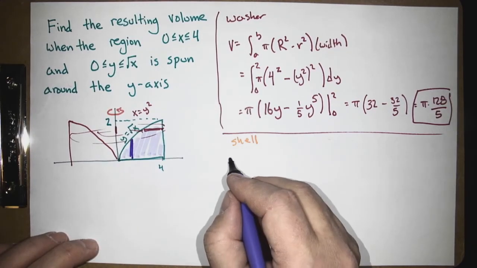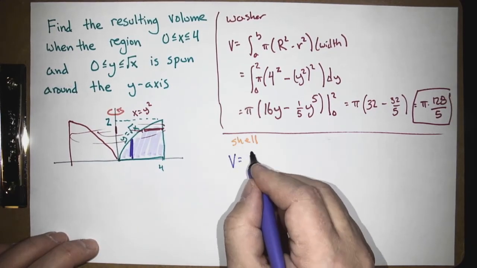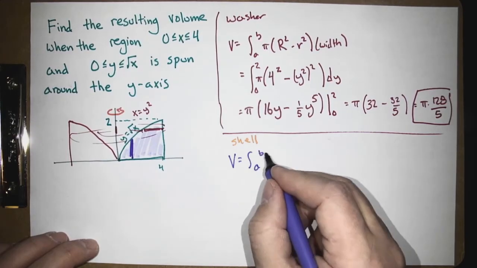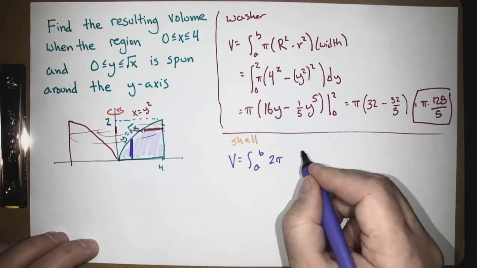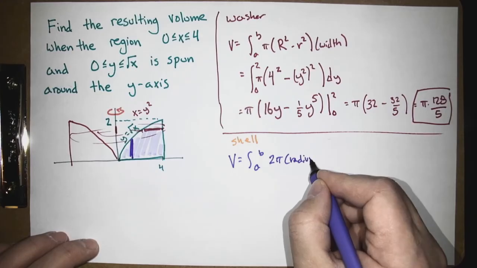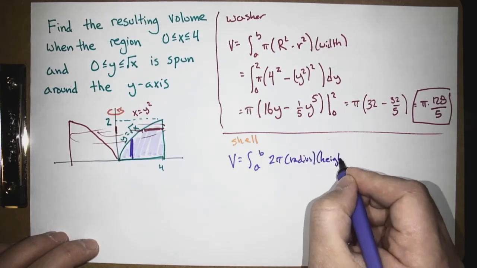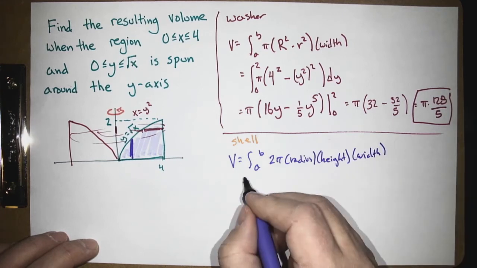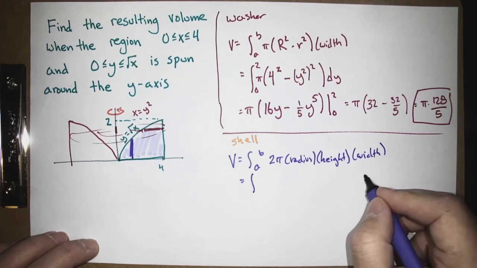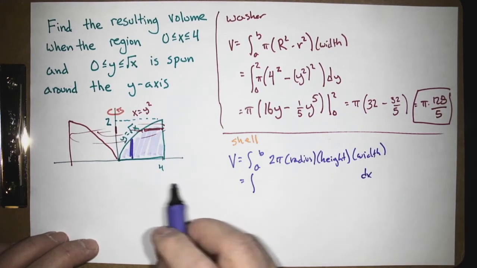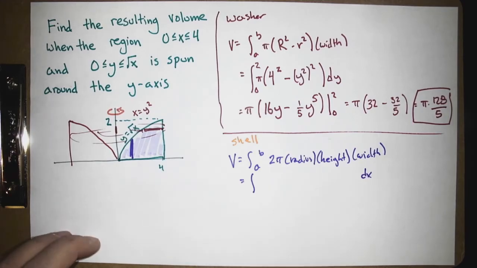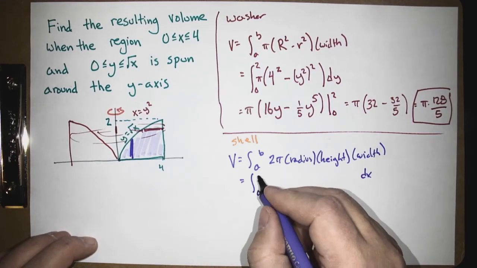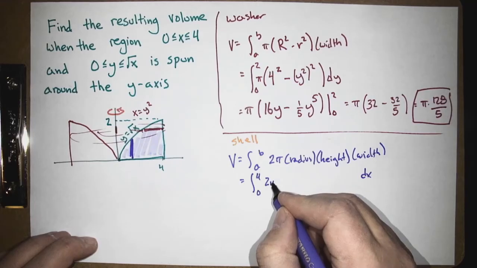What are we integrating with respect to? x. So we have the integral from a to b of 2 pi, radius, height, and width, dx. What are our x bounds? 0 to 4. 2 pi is 2 pi.